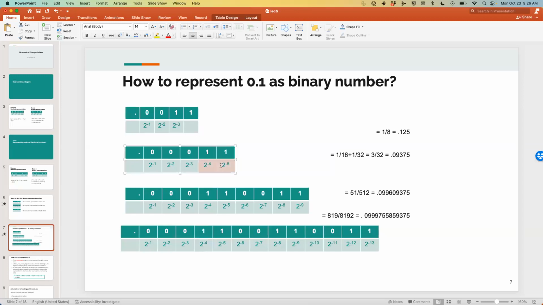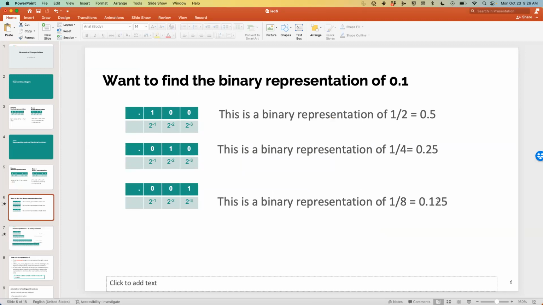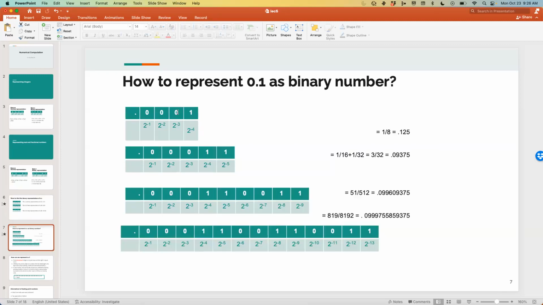So we have 2 to the power minus 4 here. I know that the third digit has to be 0, because this is 1 over 8 as before, which is more than 0.1, which I don't want. So I'm going to set it to 0.